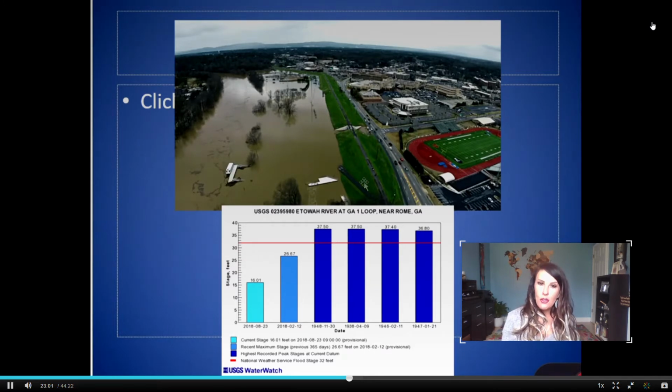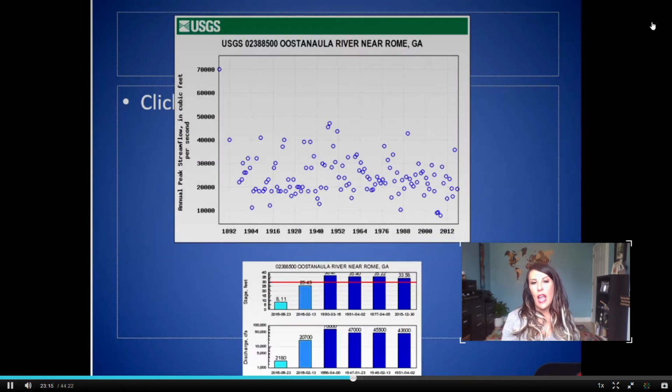The other good news is that we are able to regulate the amount of water flowing downstream of the Etowah River by the reservoir called Lake Allatoona, which is upstream. So there are some preventions in place, but when we look at the anticipated amount of water from the 1886 flood, and we make those comparisons to what we have seen over the past 100 plus years, it's significantly more.